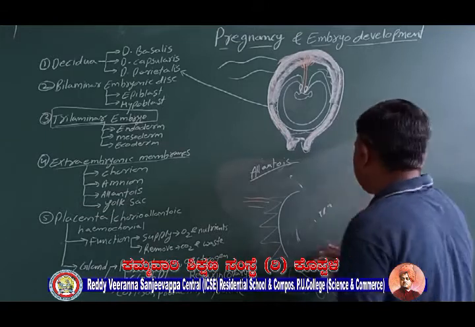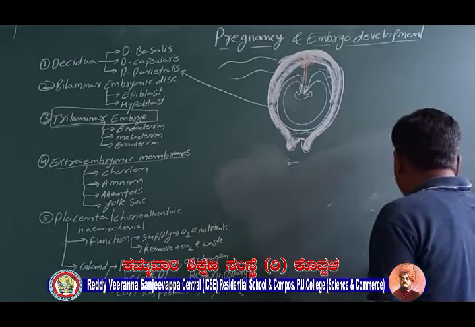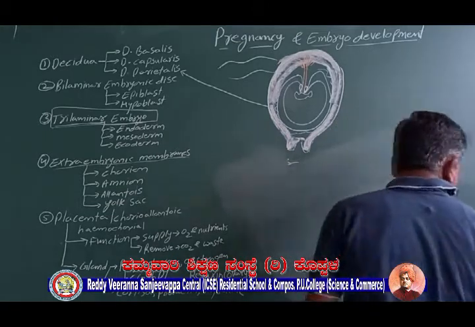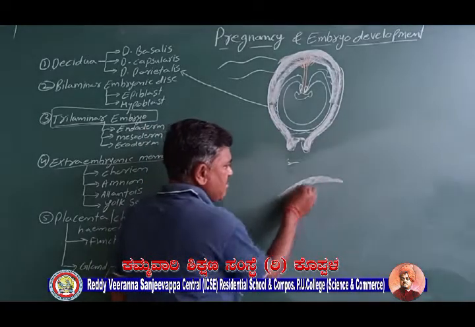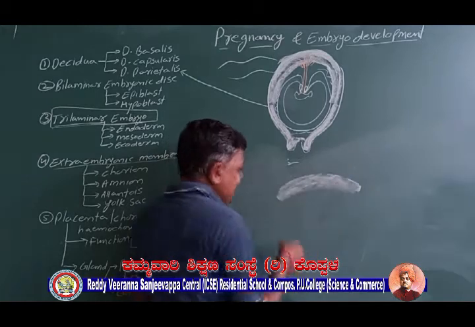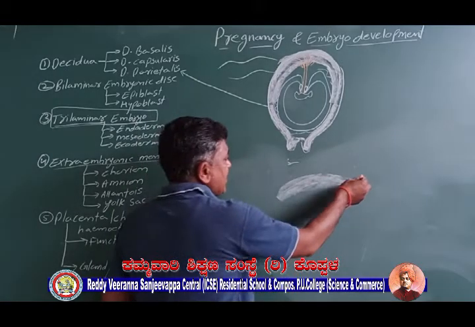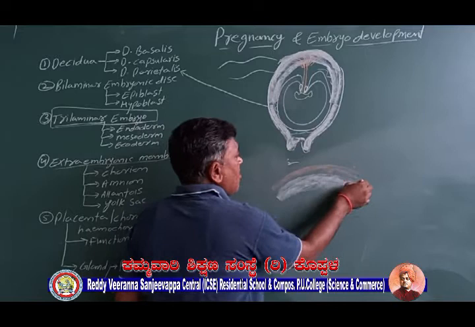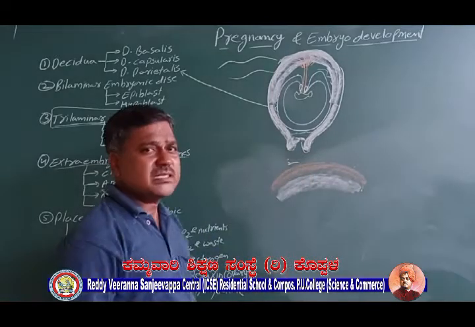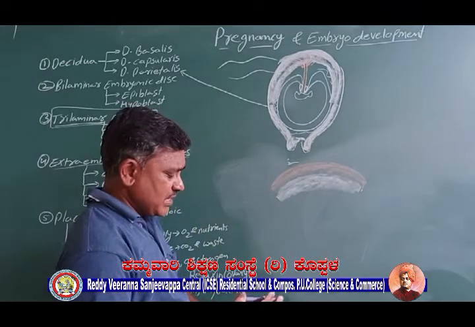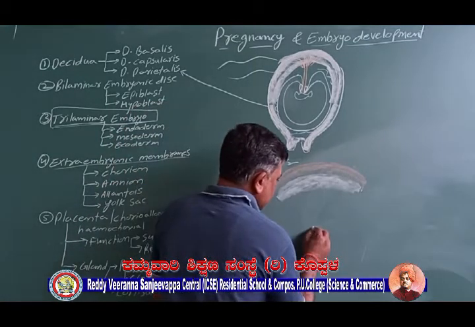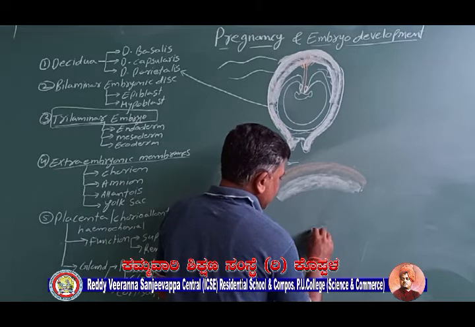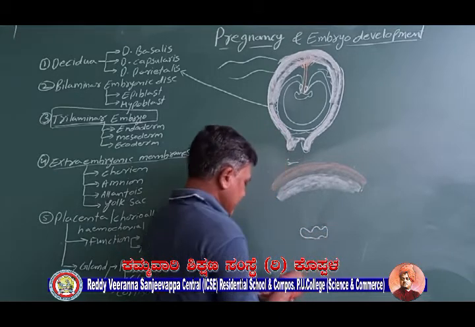So, how is the placenta formed? This is the endometrium. Above the endometrium, there is the myometrium of the uterus. Here there is the fetus, so just consider this the embryo or fetus.